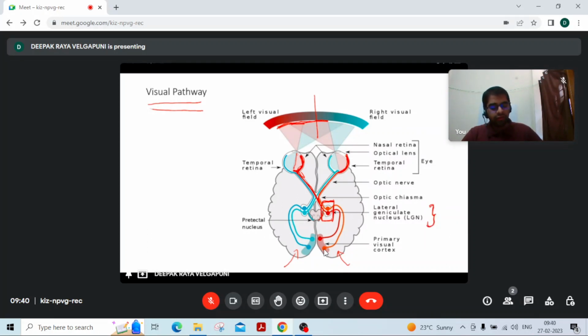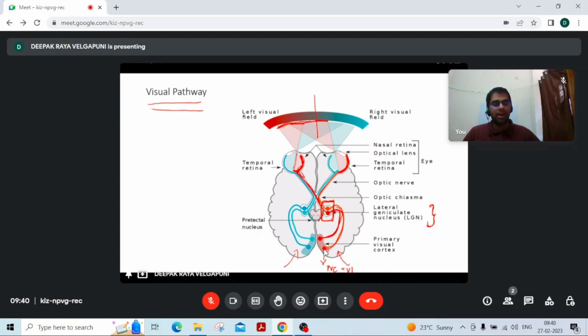The left visual space falls on this one from two eyes. It projects onto the lateral geniculate nucleus, and from there it goes into the primary visual cortex here, where the brain processes the information. This is the primary visual cortex, also called V1.